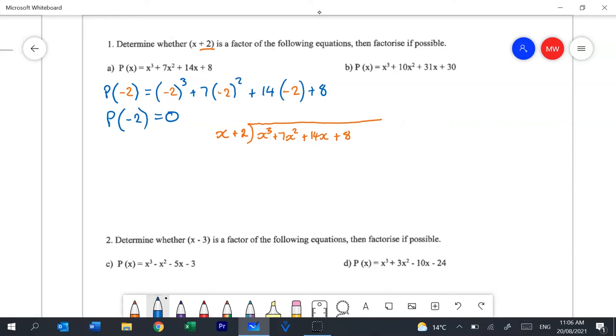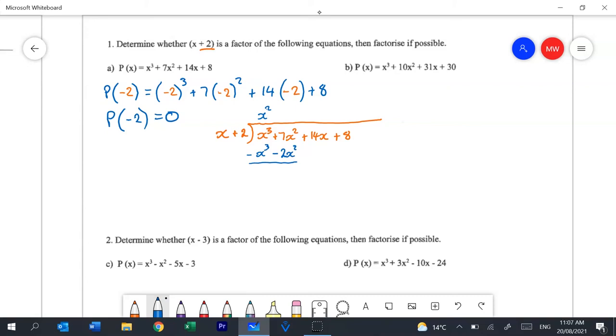How many times is x going to x cubed? It goes in x squared times. X squared times x makes x cubed, but we're going to reverse the symbol. We want the difference between them. X squared times 2 makes 2x squared, so we're going to make it minus 2x squared. Let's work out the difference.